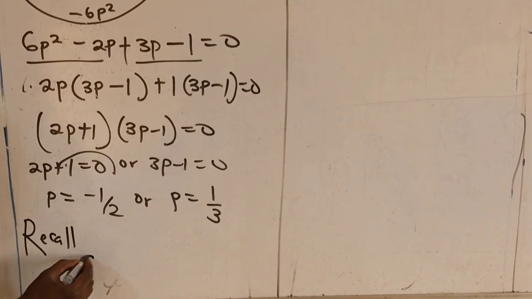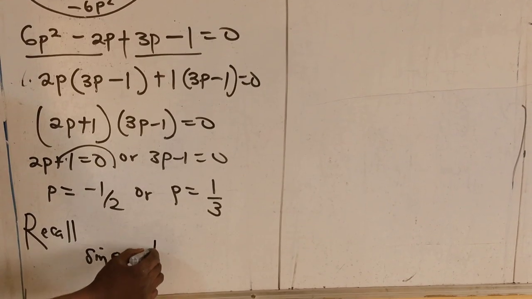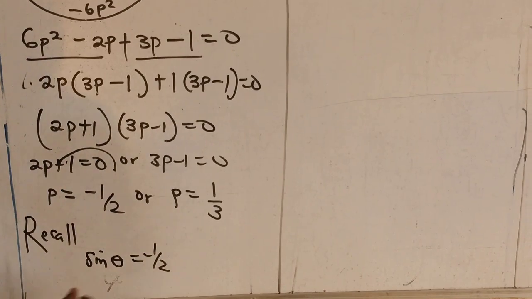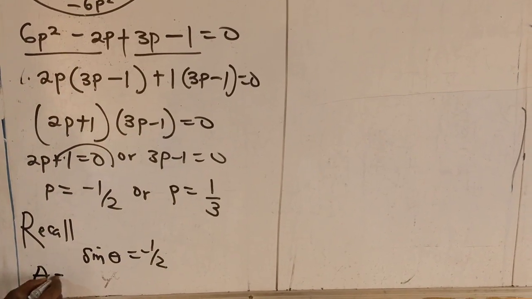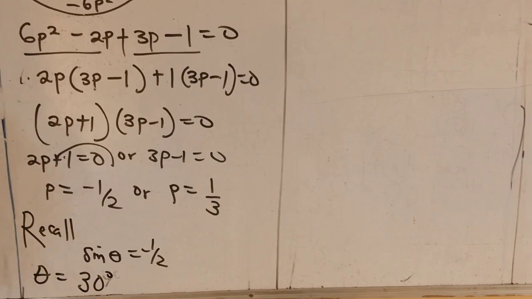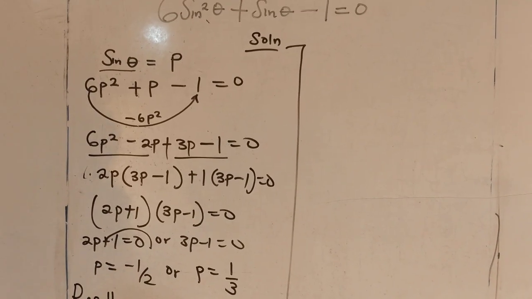It means that sine theta for the first one will be minus 1 over 2, so theta will be 30 degrees from our calculator.